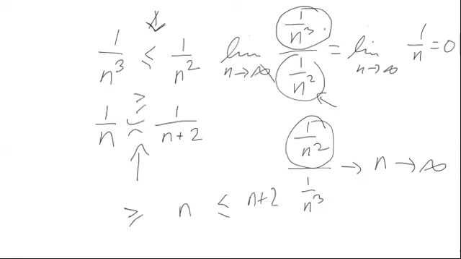Now, if we want the inequality to go the other way asymptotically, then it's reversed.